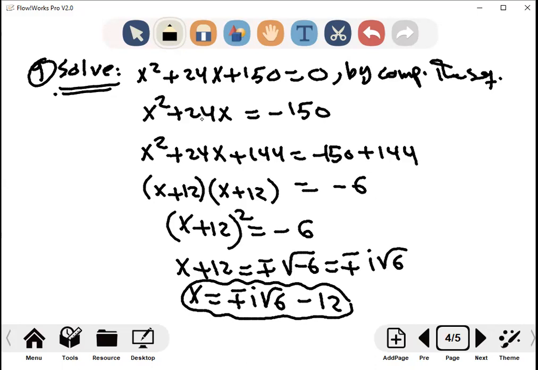24 divided by 2, the half. 12 power 2, 144. We add it here and there. Now here, the answer is negative 6, normal. But here, factorize it. Two numbers, if you multiply them, 144. If you add them, 24. 12 and 12. So x plus 12, x plus 12.